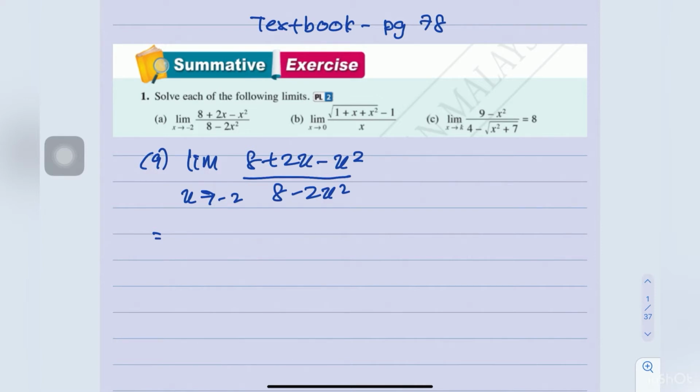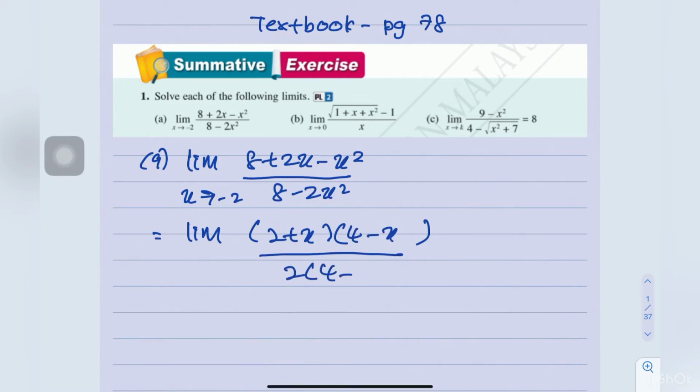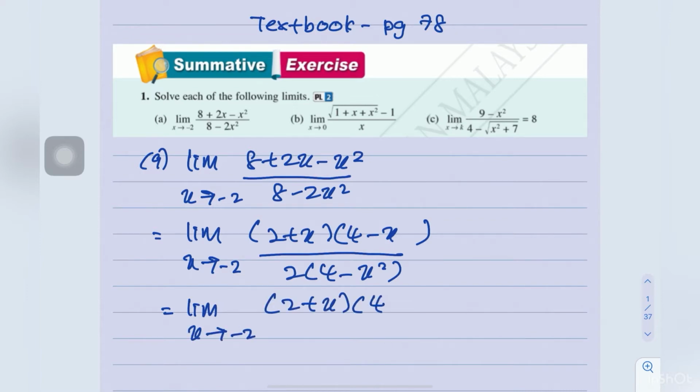For this one, we just factorize first. So the limit becomes (2 + x)(4 - x) over the factorized denominator, 2(4 - x squared), when x approaches negative 2. The denominator becomes 2 squared minus x squared, which is (2 - x)(2 + x).